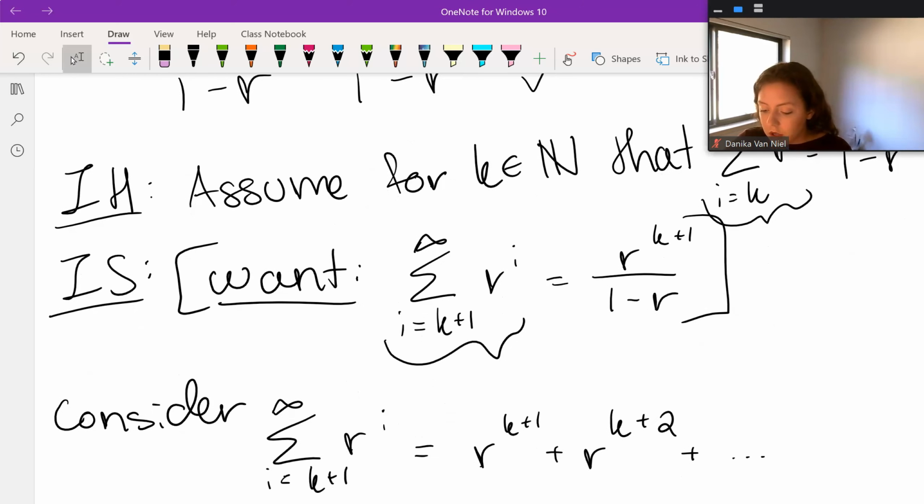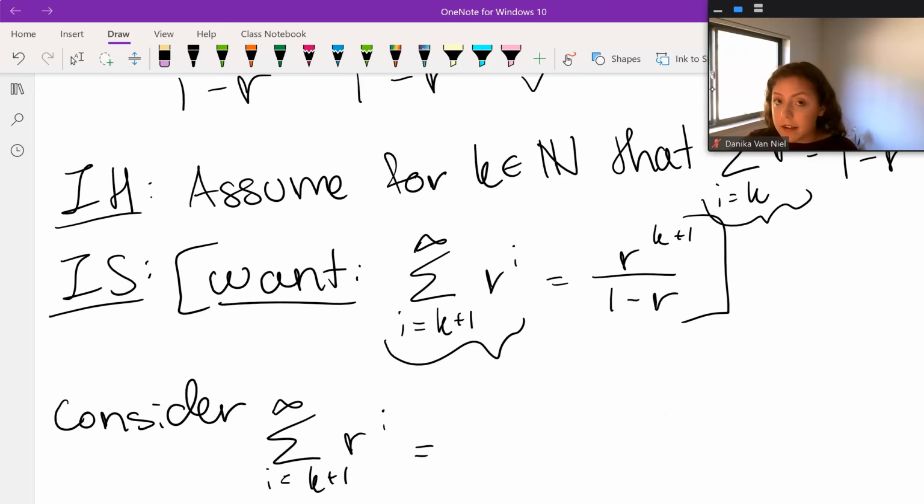So it also looks like something like here, down here, but it's going to start with r to the k plus r to the k plus 1, and so on. So we're going to use something tricky here, okay? We can always add 0. So two tricks you're going to want up your sleeve all the time is you can always add 0 and you can always multiply by 1, just in a tricky way, okay?